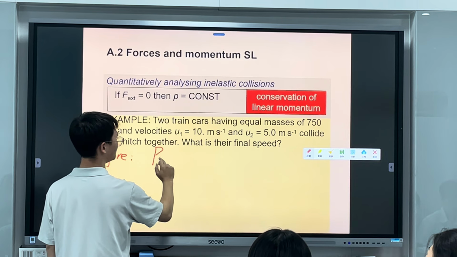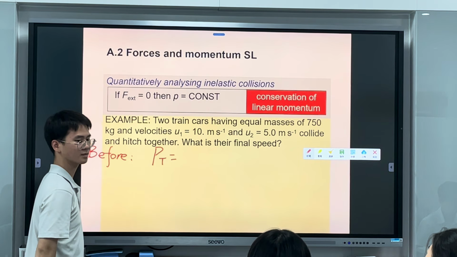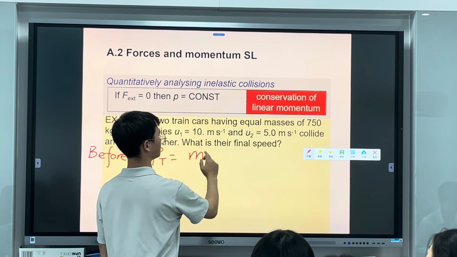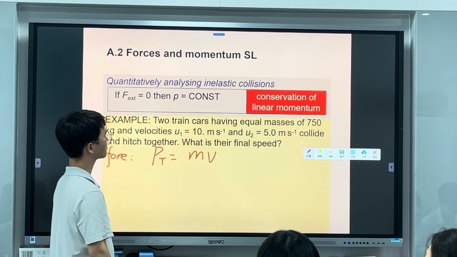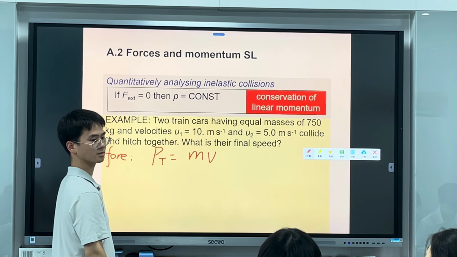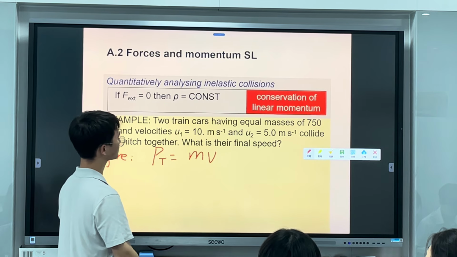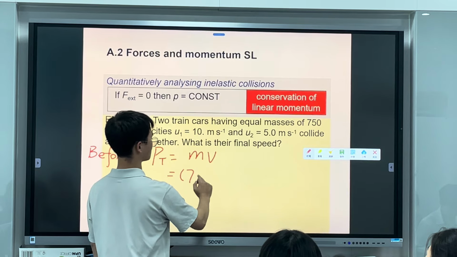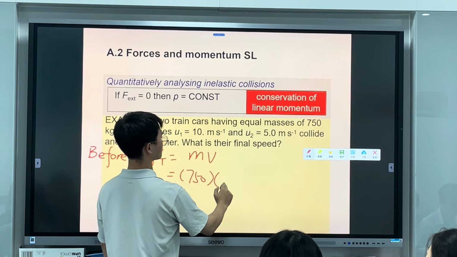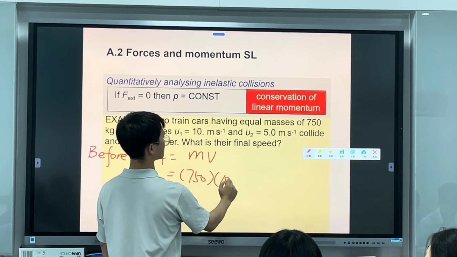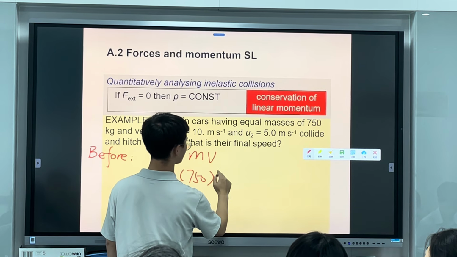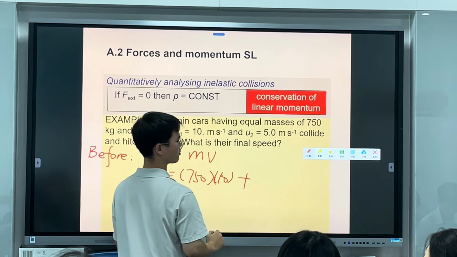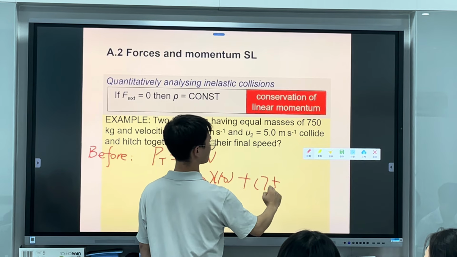So total momentum equals mass times velocity. And then 750 times 10 plus 750 times 7.